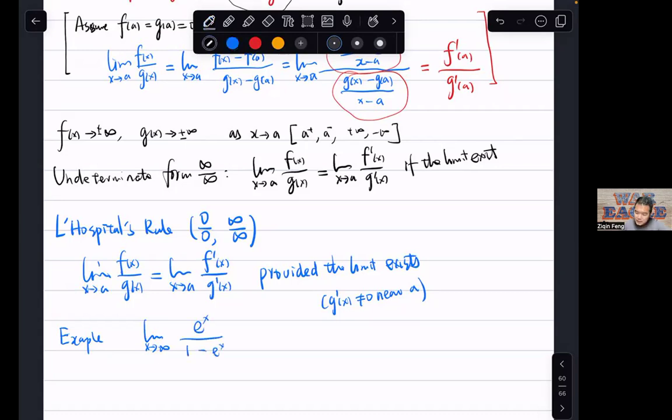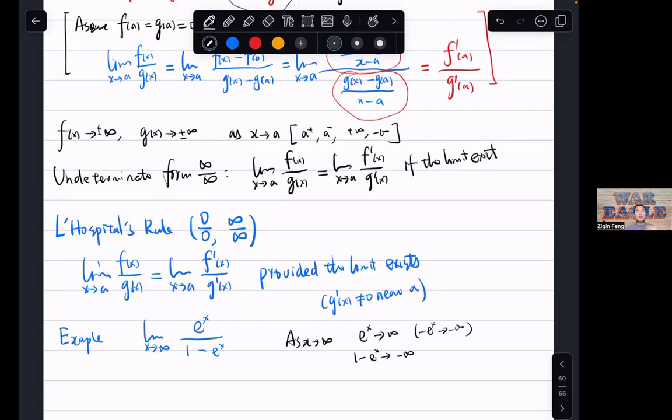I can see that as x goes to infinity, e to x goes to infinity. 1 minus e to x goes to negative infinity, right? Because negative e to x goes to negative infinity. Then negative infinity plus a number is still negative infinity, right? Because that number is a finite number.